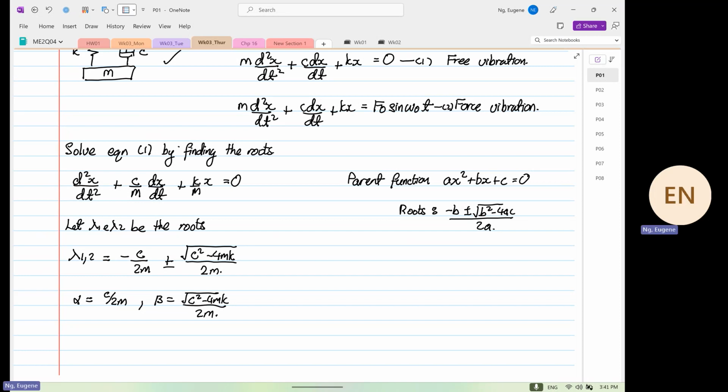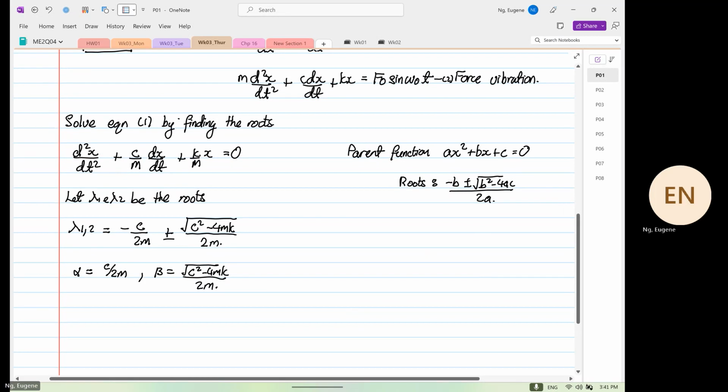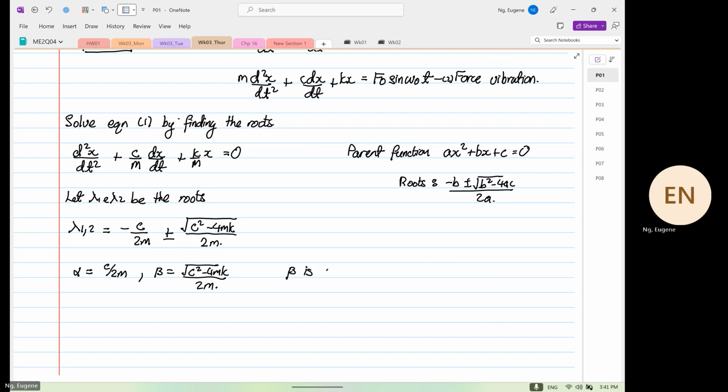The next thing that we will remember is this. We have to know that beta is real when what? C squared is greater than what? 4mk. Yes or no?